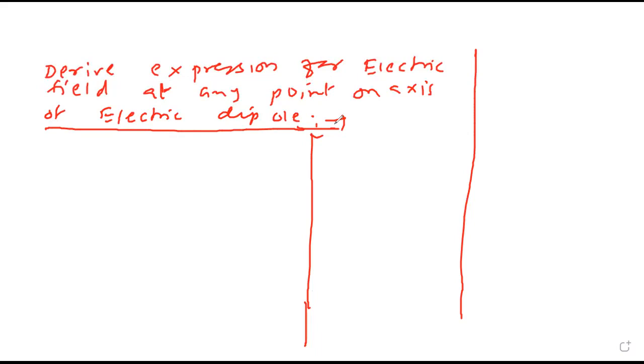See, first of all, dipole means two equal and opposite charges. I know the formula for a point charge at distance r. What is E? 1 upon 4 pi epsilon, q by r square. Outward for positive, inward for negative.